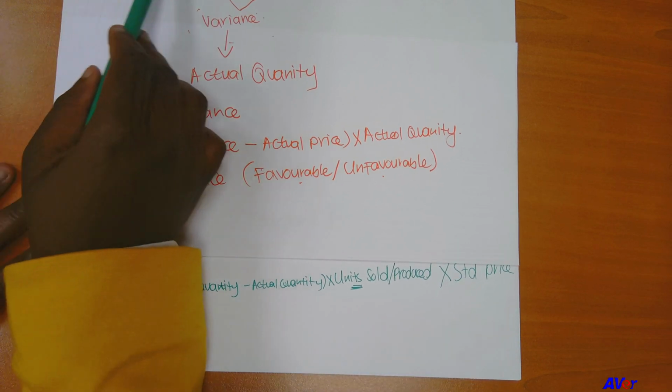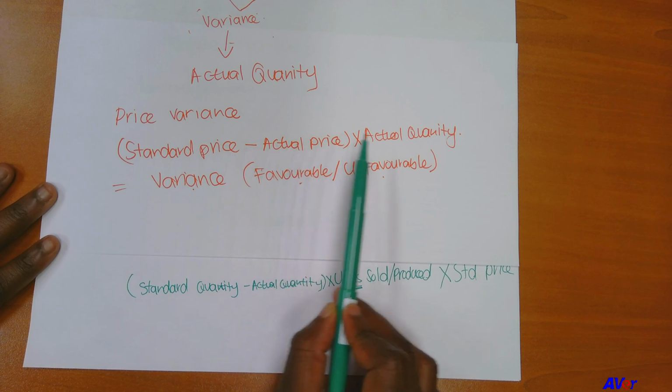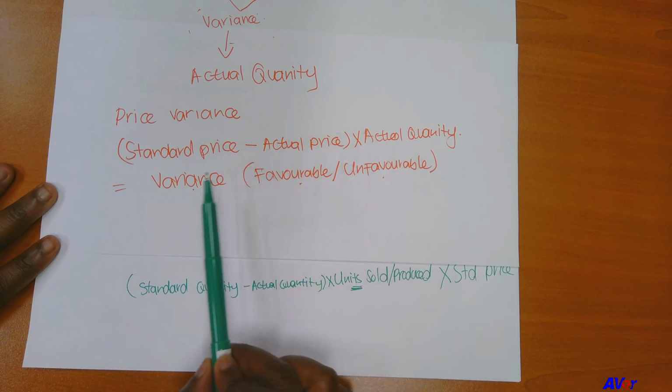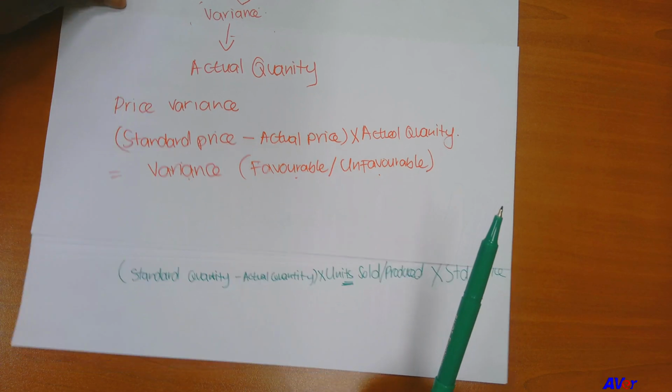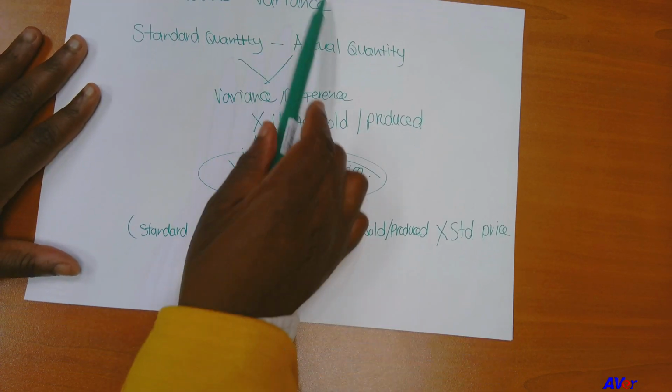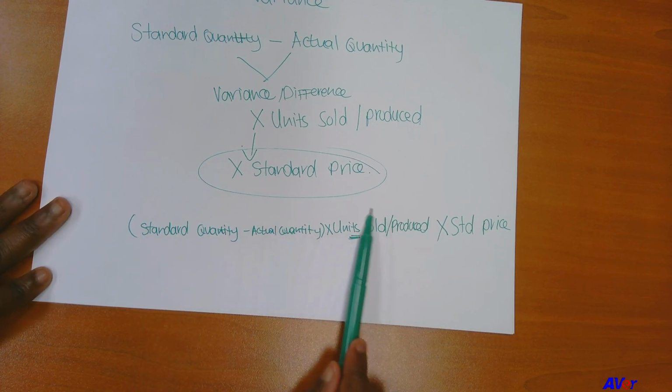It is basically, for price, the standard price less the actual price multiplied by the actual quantity, which gives you a variance that can either be favorable or unfavorable. For volume, we've got the standard quantity less the actual quantity multiplied by the units.